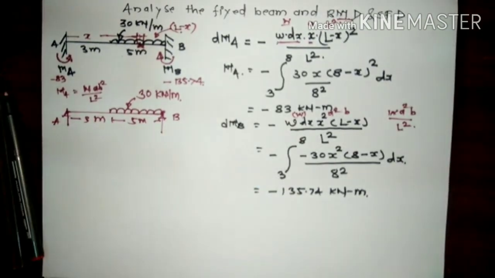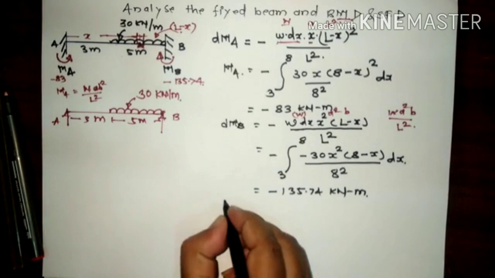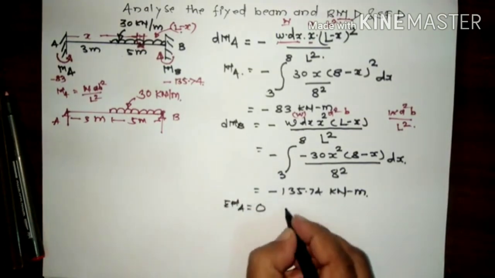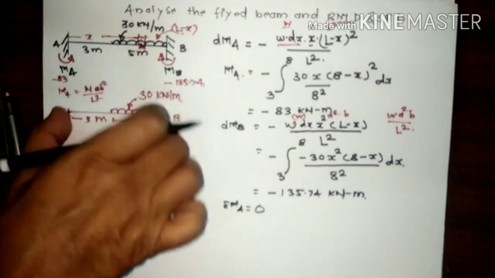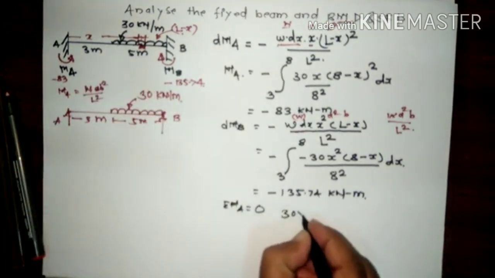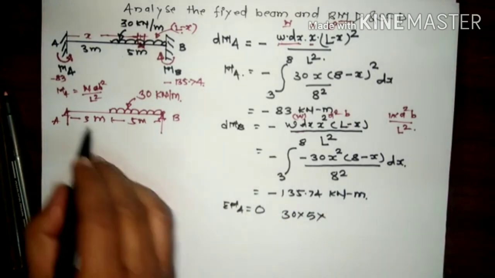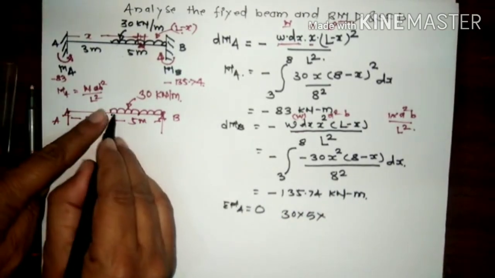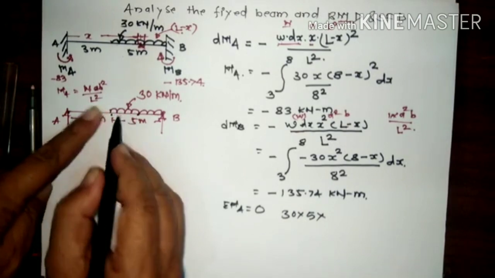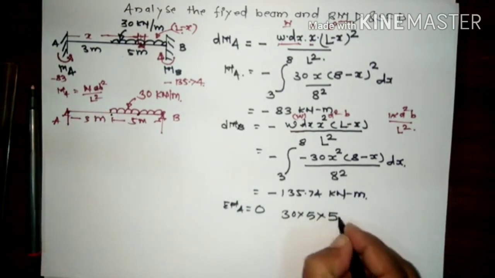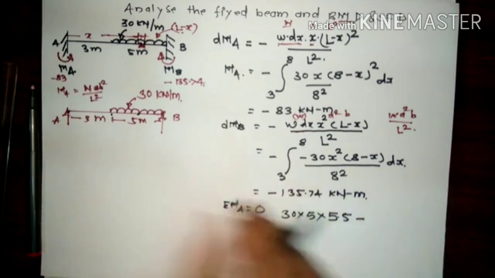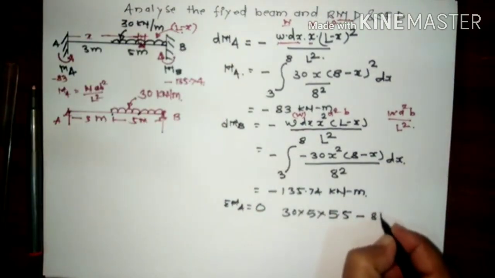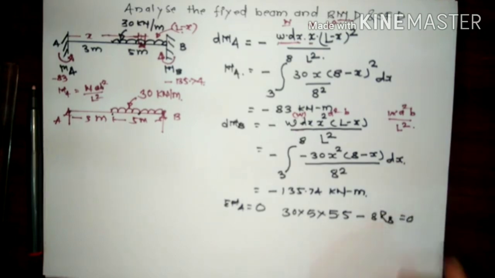So again, take sigma MA is equal to 0. So this moment is clockwise. So 30 into 5 into, now the central distance from here is 3 plus half of 5, that is 2.5, this becomes 5.5, minus 8 RB is equal to 0.